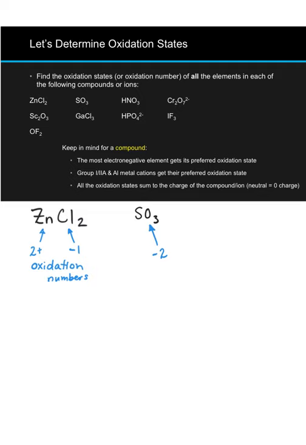There are 3 oxygens, so there are 6 total negative charges. Our single sulfur has to be able to compensate for all 6 total negative charges, so it itself has to have a 6+ oxidation number. We'll say that the oxidation number of sulfur is 6+.